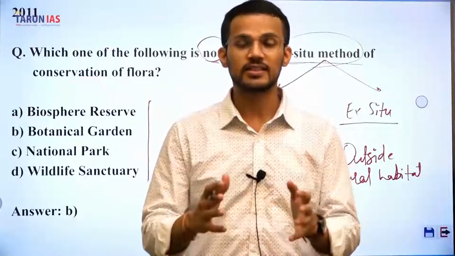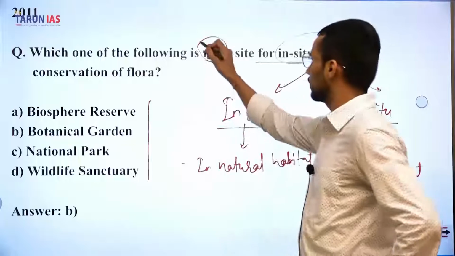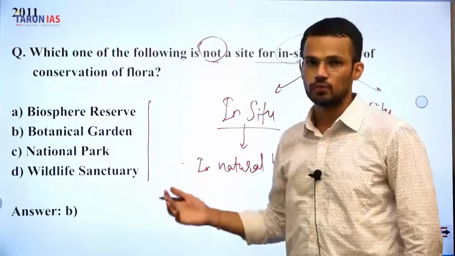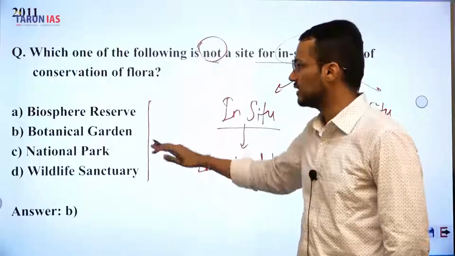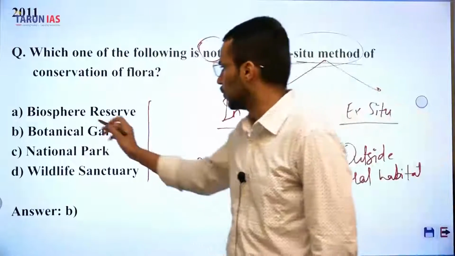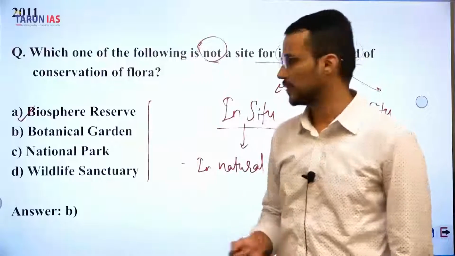So this question is about which of the following is not an in situ method of conservation. That means which of these are not protected areas. So we know that biosphere reserves are an in situ method of conservation.